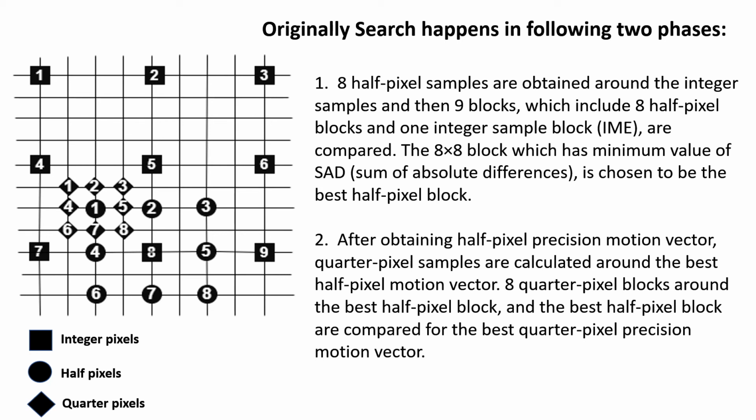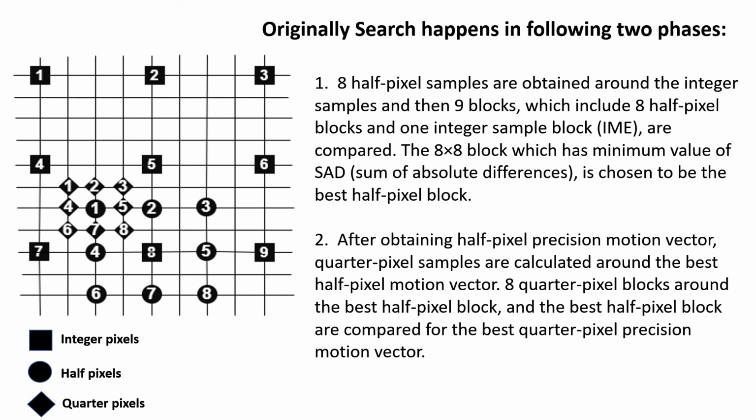And then with such 8x8 blocks, we find the SAT values of all the 8 blocks, and we compare these 8 SAT values with the IME SAT value and see which is the minimum, and whichever is the minimum is chosen as the best half pixel block.